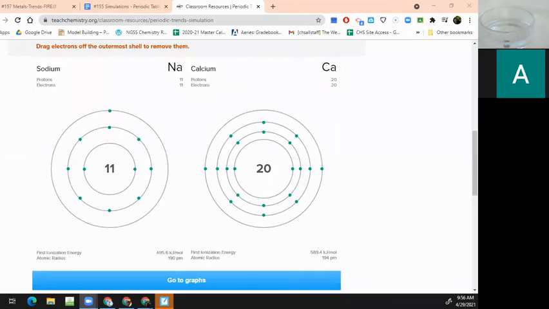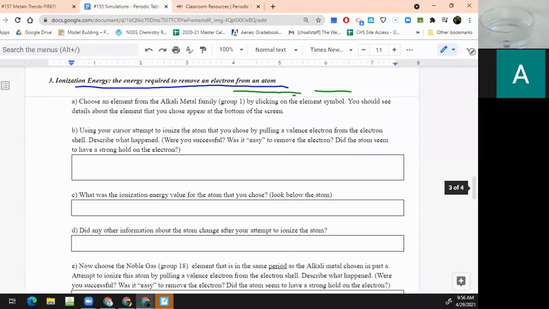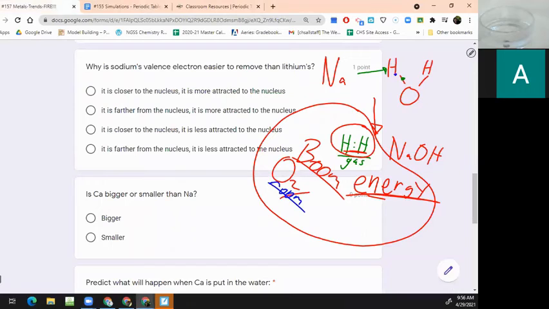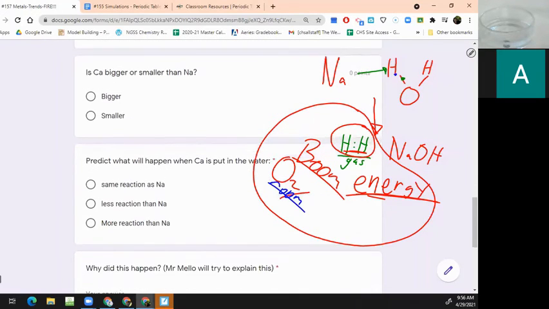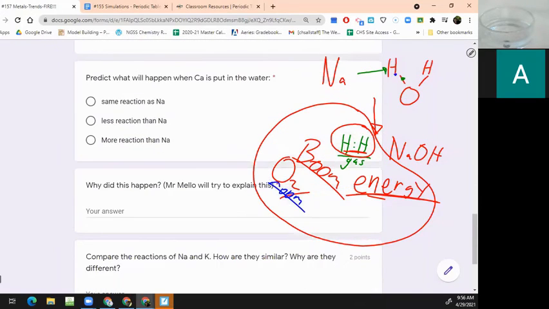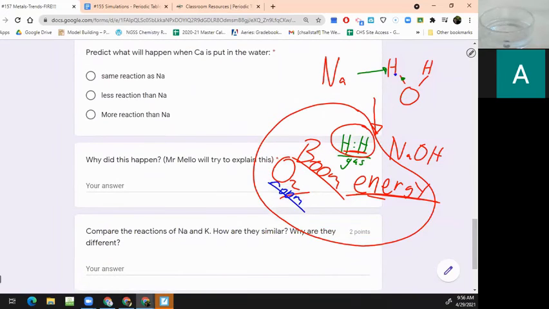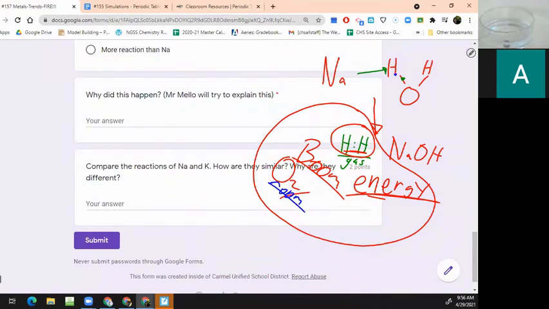So calcium, although it might appear to be more reactive because it's 1 more down on the periodic table, is also 1 to the right. So it is less reactive. Oh, did you predict? Dang it! Forgot to do that. So why did this happen? Calcium has 2 valence electrons to get rid of, so it's going to be less reactive.